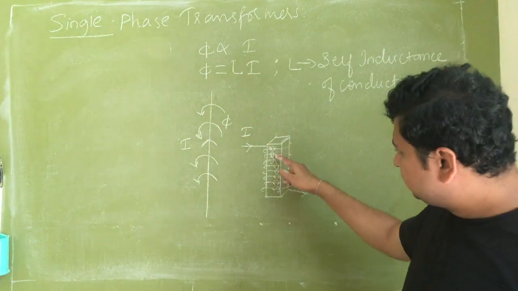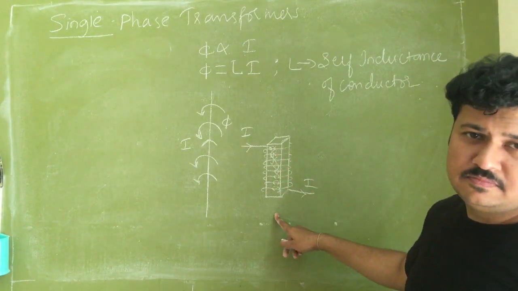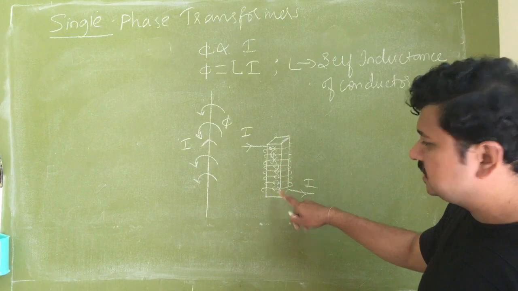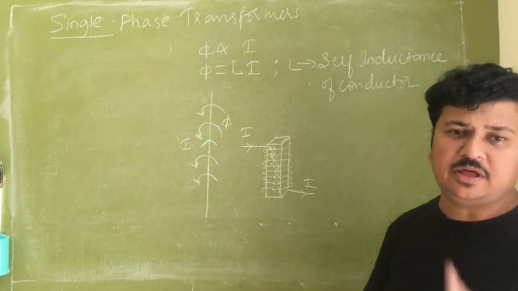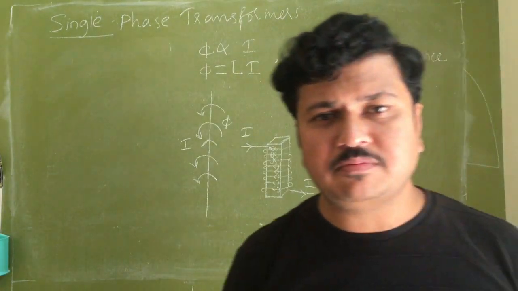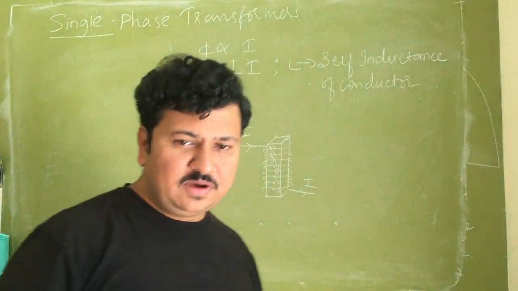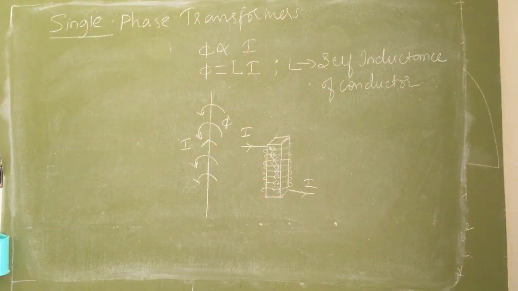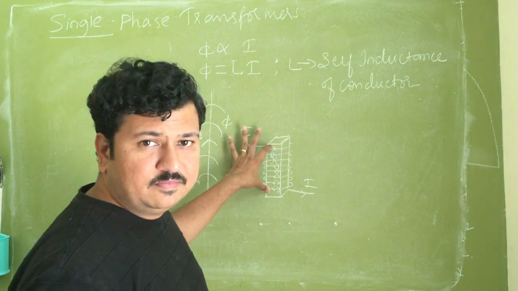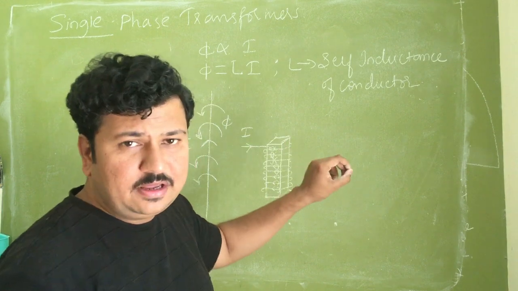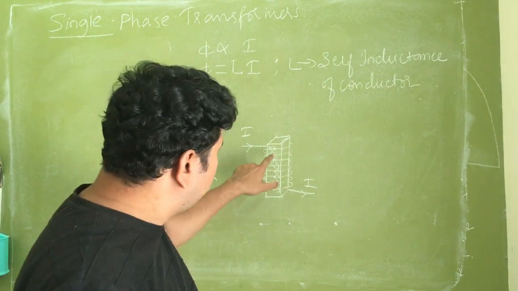Observe that all the fluxes produced by all the turns are in the same direction, therefore the fluxes will add up. The total flux produced is simply multiplied by the number of turns.